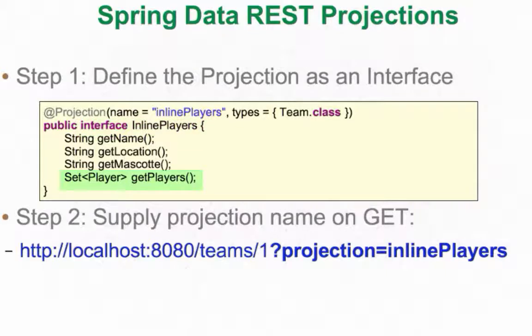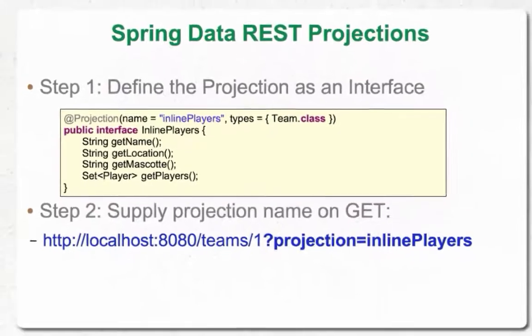Now this is actually describing the team with the players inline. That's where the name comes from. The name can be anything you want. Now this is going to ensure that the players are inline. You add this @Projection annotation to identify it to the framework, and then you specify which parent object this projection applies to. This is the team that it applies to. So this is all fairly straightforward.